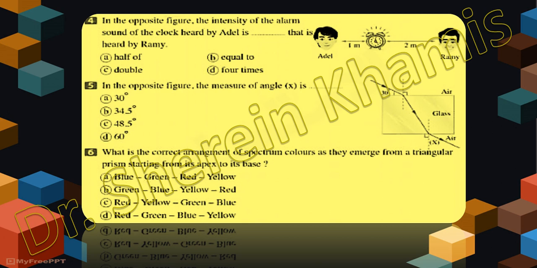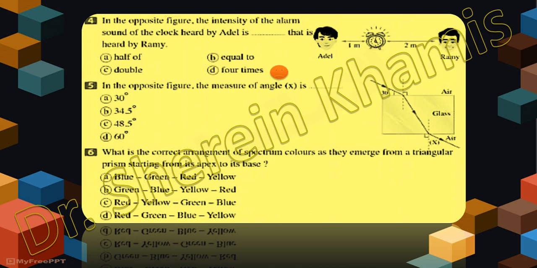We have 1 for Adil and 2 for Rami. So the intensity of the alarm heard by Adil will be 4 times that which reaches Rami, as we apply the inverse square law of sound.